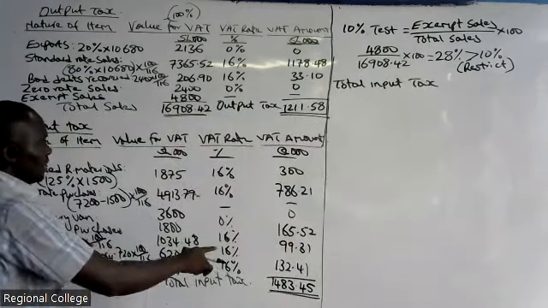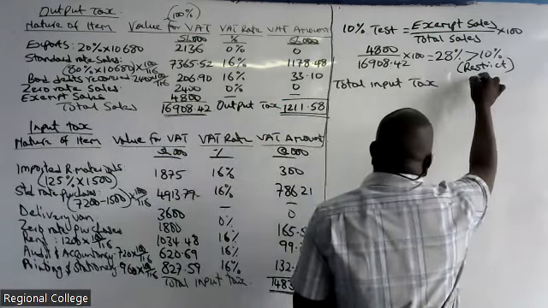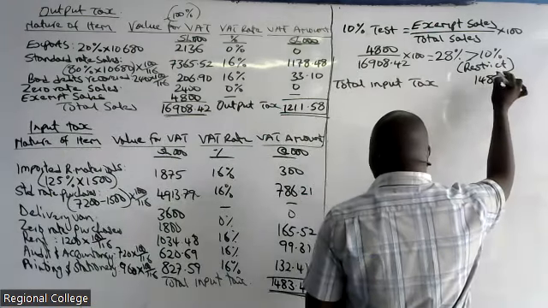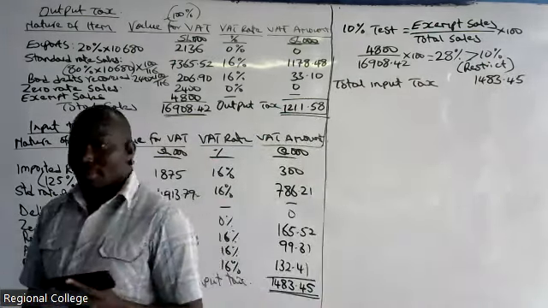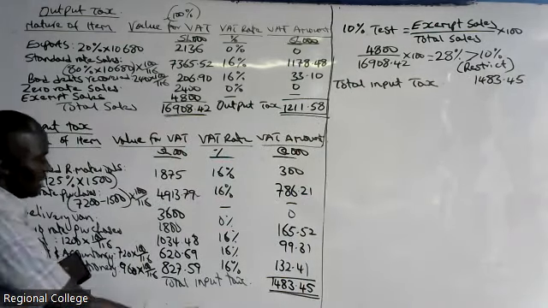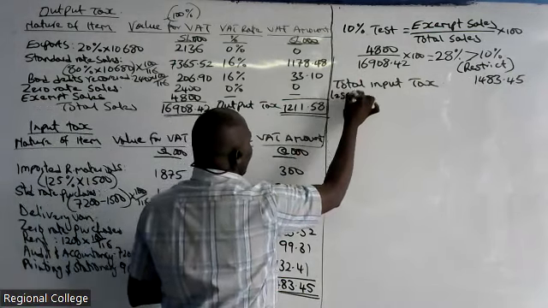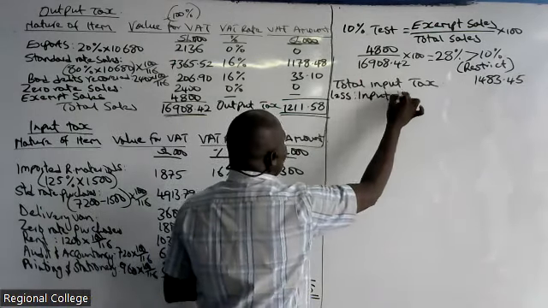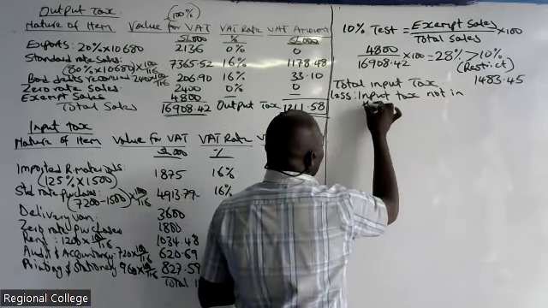Total input tax ni ngapi? It's 1483.45. Then we less input tax not in the mixture.